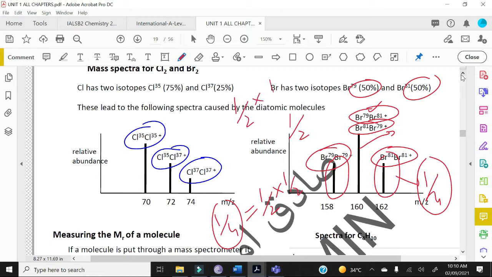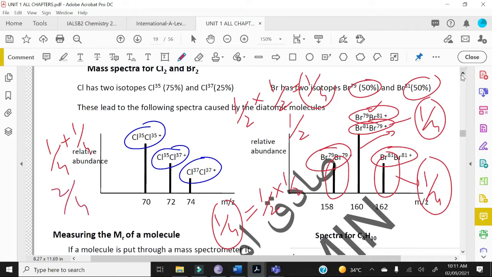Half times half. 1 by 4 is for the first one, and then 1 by 4 is for the other one. So the central one which I'm getting is 1 by 4 plus 1 by 4. How much is this? 2 by 4. So 1 by 2.